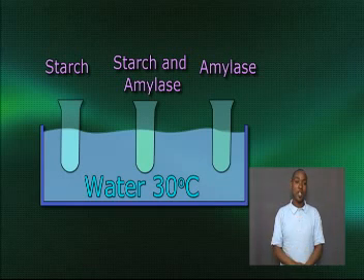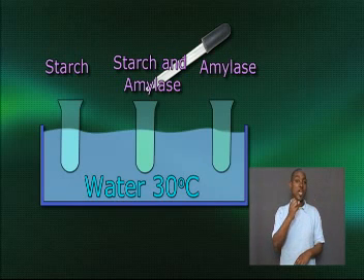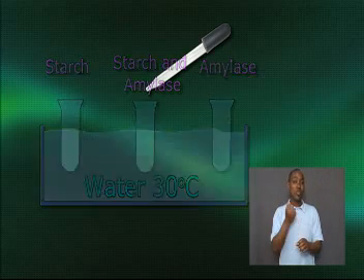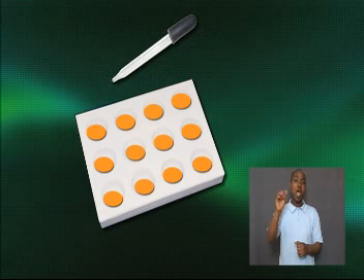A timer is set, and a small sample of the starch and amylase solution is immediately taken and added to the first drop of iodine on the spotting tile.